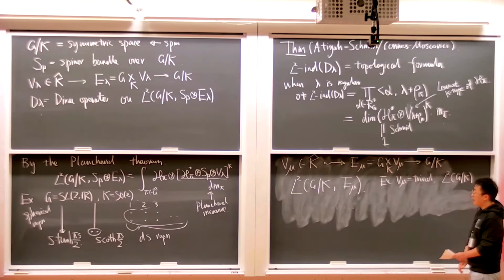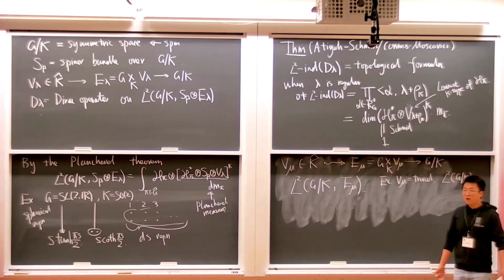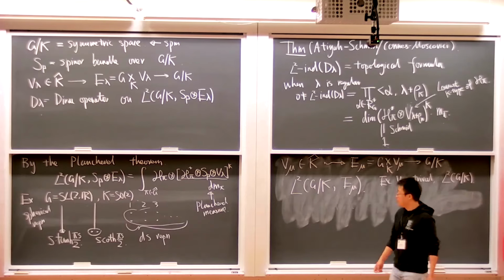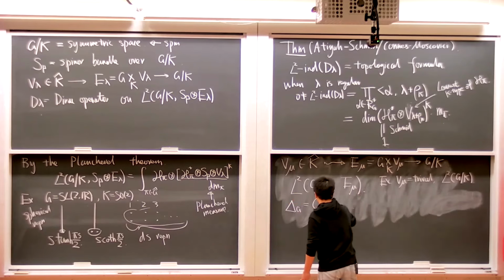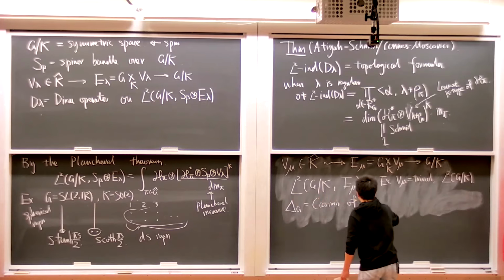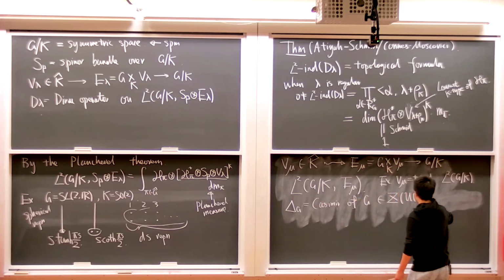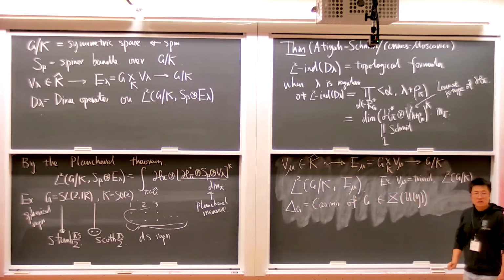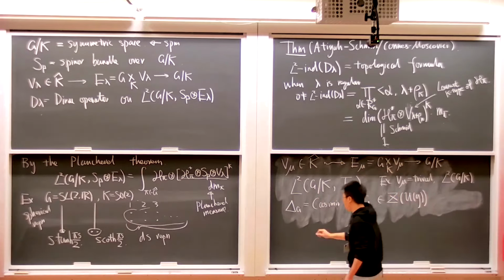Next, since there's no spinor bundle, of course there's no Dirac operator. But that's okay, because although we don't have D, we have something also very good. I'm going to let delta of G be the Casimir of G, which is an element in the center of the enveloping algebra of G. Let me make one remark here.